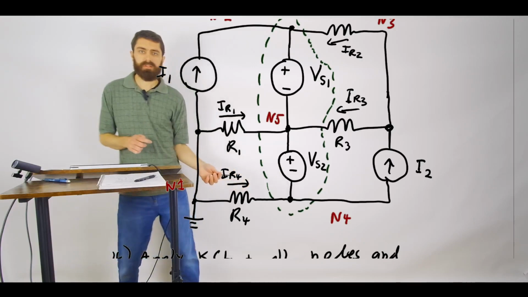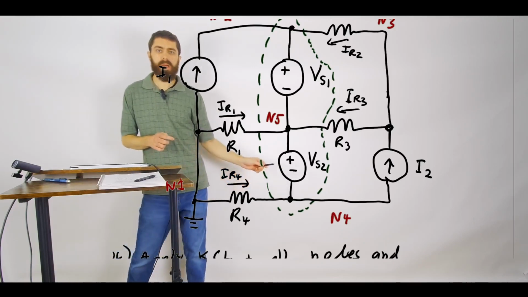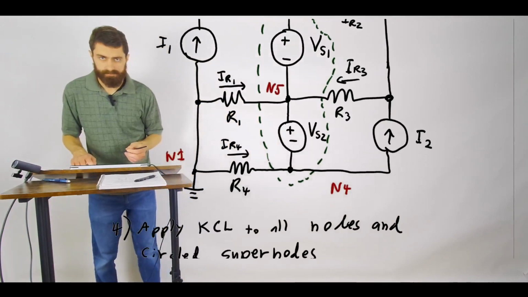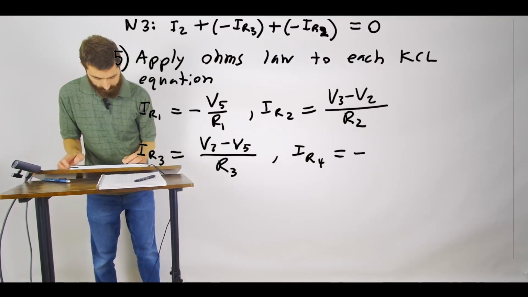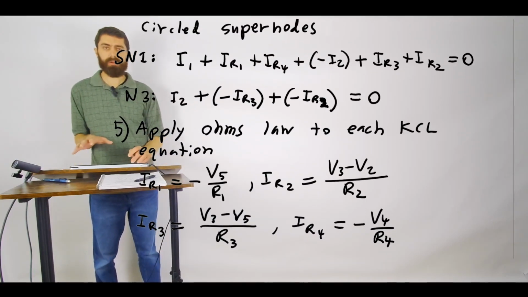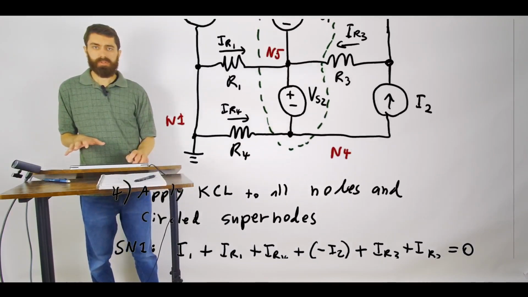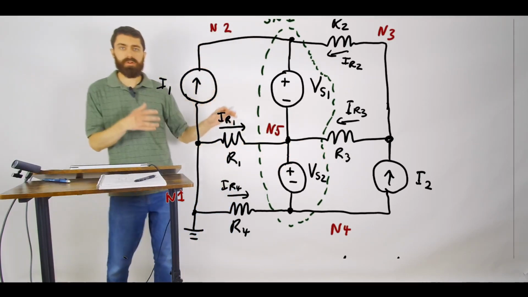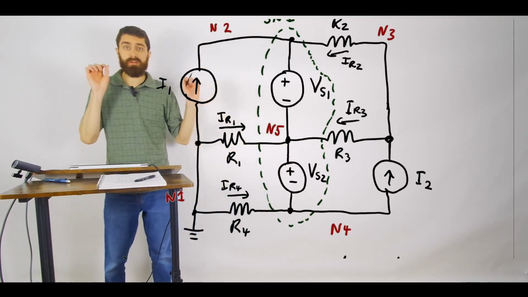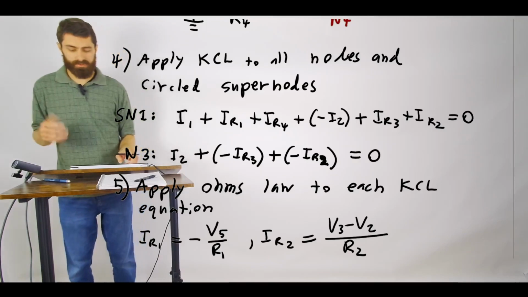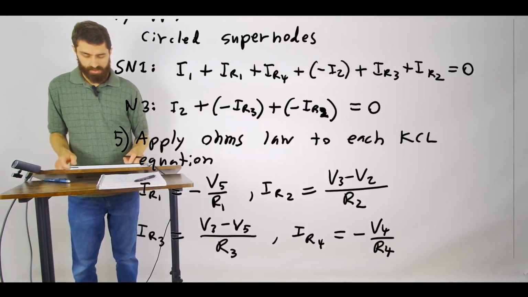And because of the way this is oriented, it's going to be minus V4 divided by R4. So now we've expressed all of our currents, except for, of course, these known source currents, I1 and I2. We've expressed all these currents in terms of our nodal voltages and resistances. But we need a few more equations, actually, in order to solve our circuit here.